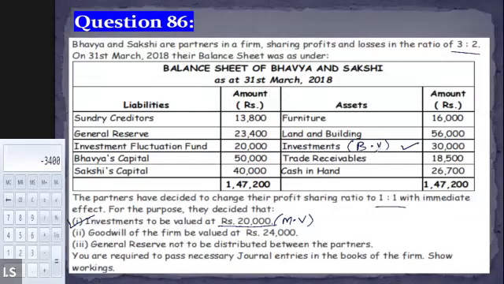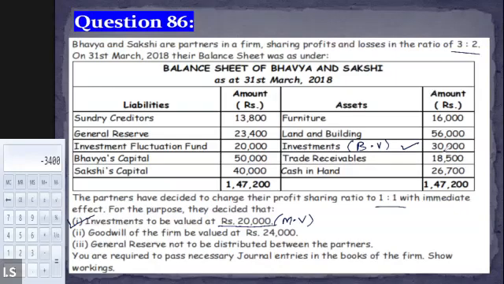Now tell me, since the value of the investment is 30,000 and the market value is 20,000, is there an increase in the value of the investment or a decrease? Decrease.